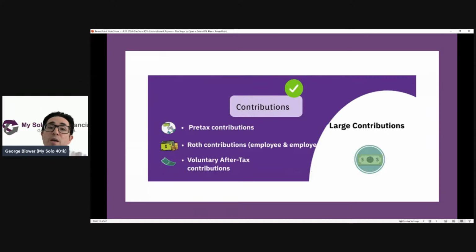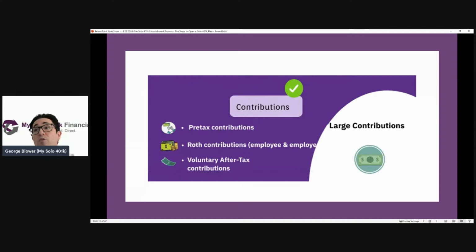And then making the different types of contributions, right? Some individuals want to reduce their taxable income by maximizing the pre-tax contributions, whereas other individuals, their objective is to maximize the Roth contributions. Some people take a blended approach. They first want to maximize the pre-tax bucket and then make any additional contributions they can make as Roth contributions.